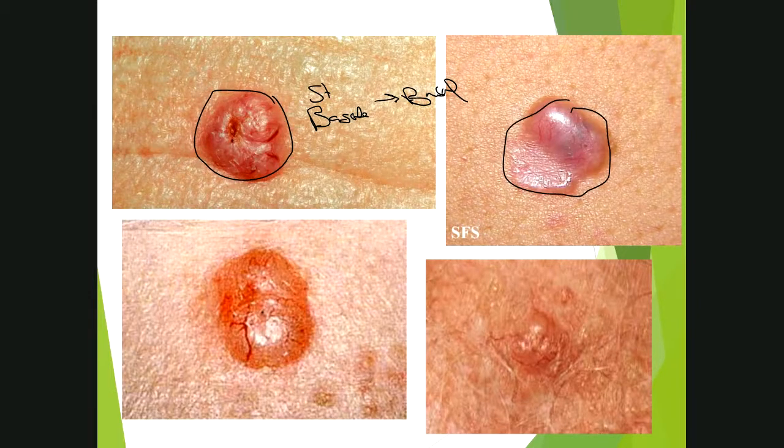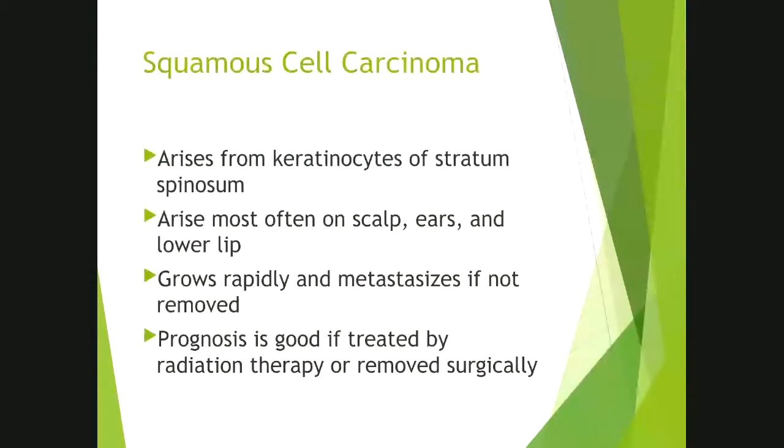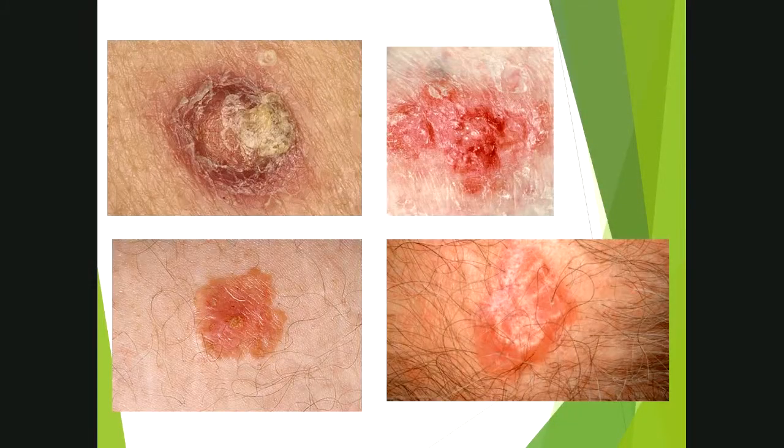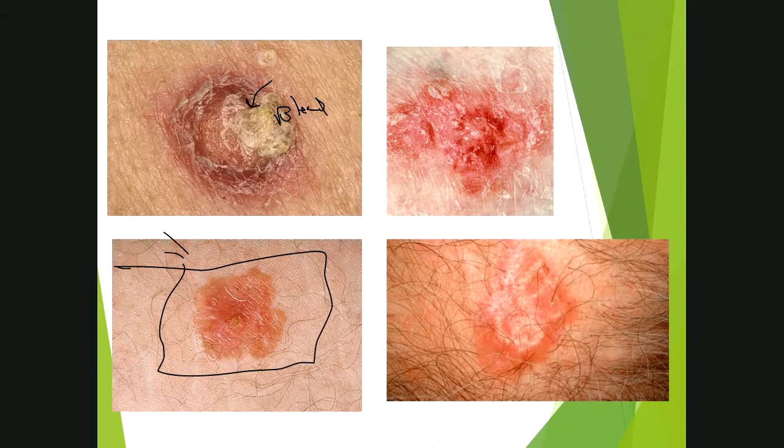They are in the lecture one for sure. But anyway, squamous cells, remember, squamous cells are rough feeling and they tend to bleed. And remember, they're usually on edges. Not only do you have to remove them, but most of the time you have to have radiation of the surrounding tissue, and that's to keep them from spreading or metastasizing.